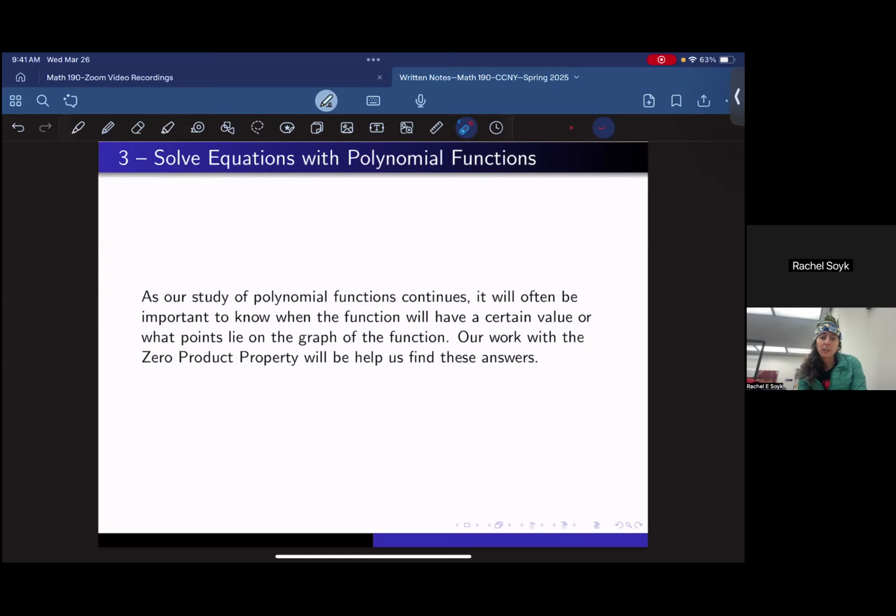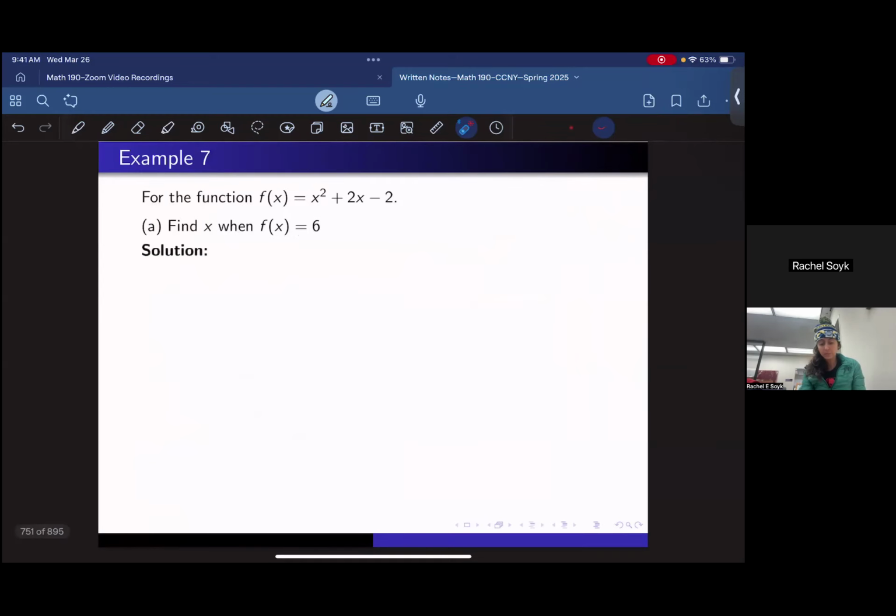And so we'll look at a bunch of polynomial functions, now bringing everything together. With example 7, we're asked to find x when we're given f of x is equal to 6. So a lot of substitution, and then simplification, and then zero product property.